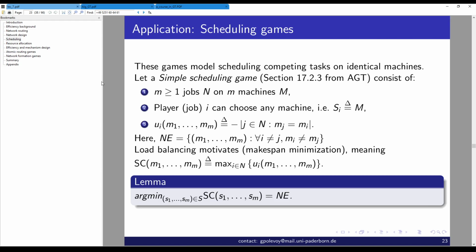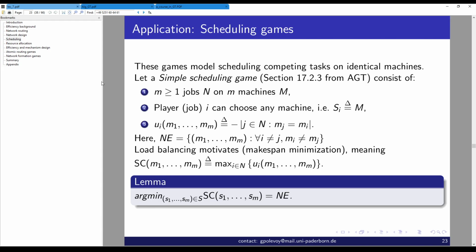So basically now we are touching this very hot and living area. The application is called scheduling games, and that is a model of scheduling competing tasks on identical machines.